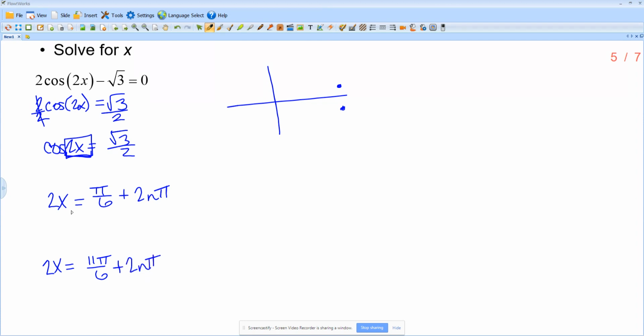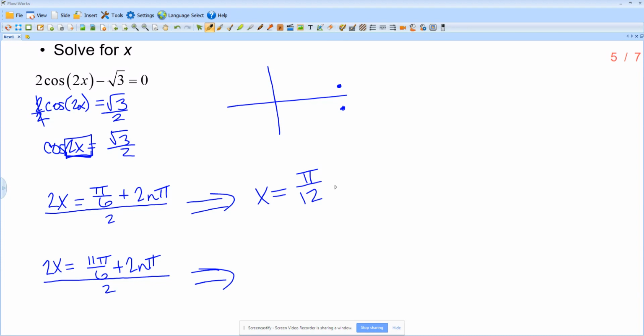So now you look at this and you say, well, these are 2x. I want to know what x is equal to. So you divide everything by 2 and divide everything by 2. So this gives me x is equal to pi twelfths plus n pi. And x is equal to 11 pi twelfths plus n pi.